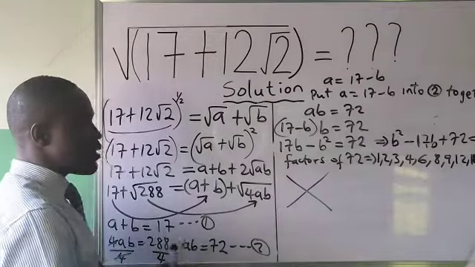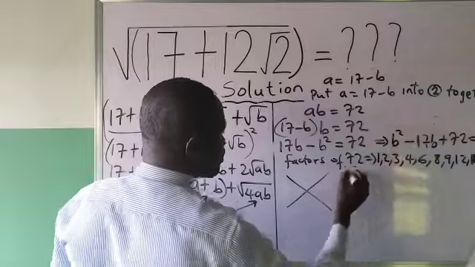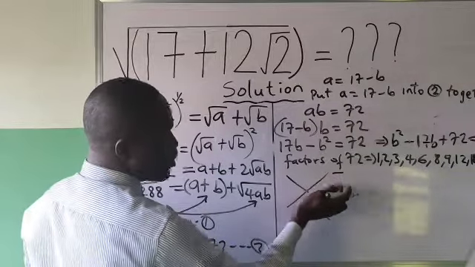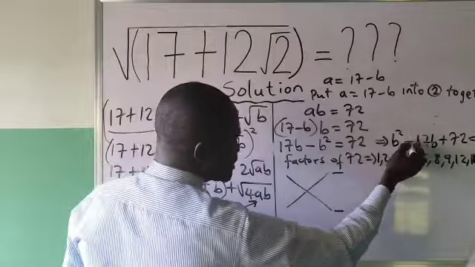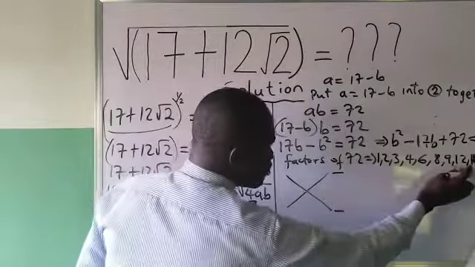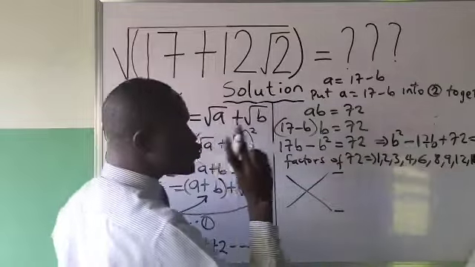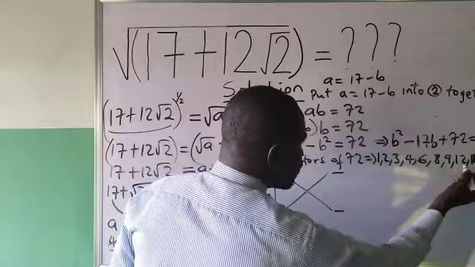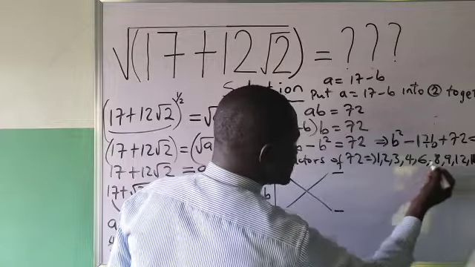Let's see what I mean now. Minus plus will give you minus minus. Look for factors: minus minus, because these signs are minus plus, the constant is positive. I will look for 2 numbers that when I multiply them, give me 72. I will have 12 and 6.